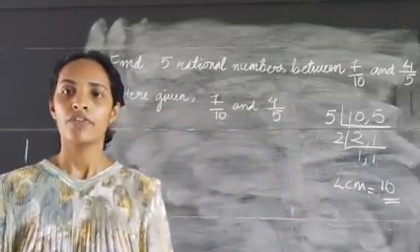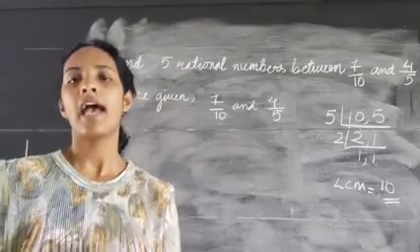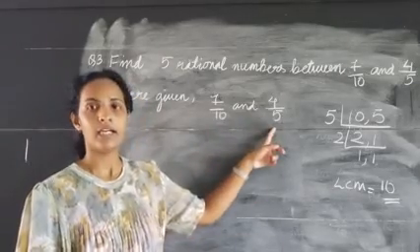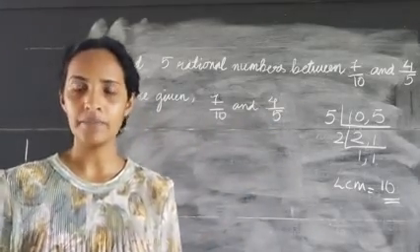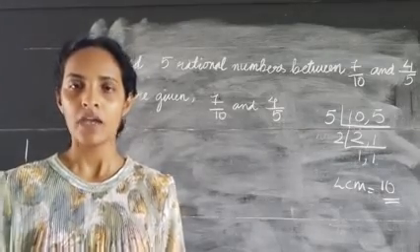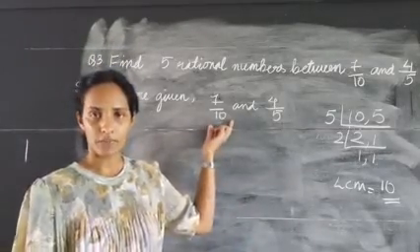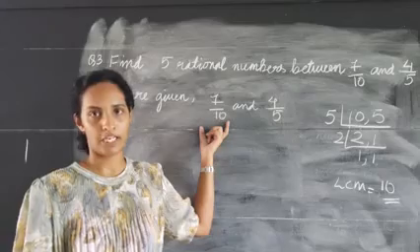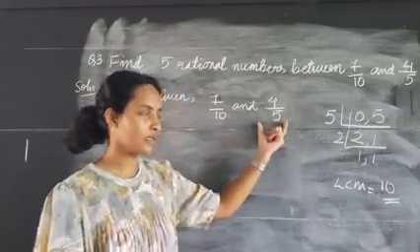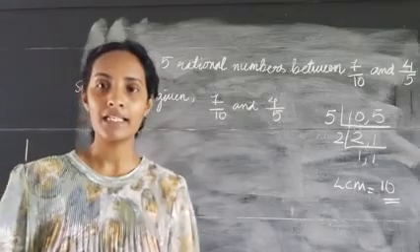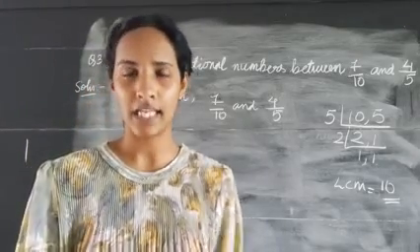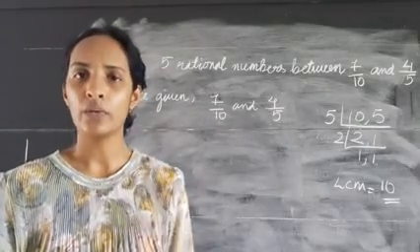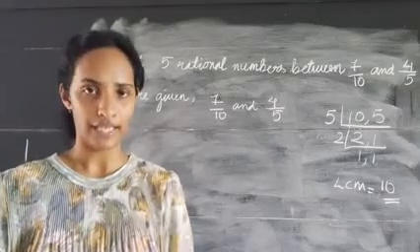First we need to look at the LCM, which is 10. Now we look at the denominators 10 and 5. We need to bring the LCM in the denominators. In the first denominator, the LCM is already there. But in the second denominator, it is 5, and we need to make it 10. We know that when we multiply 5 by 2, we get 10.